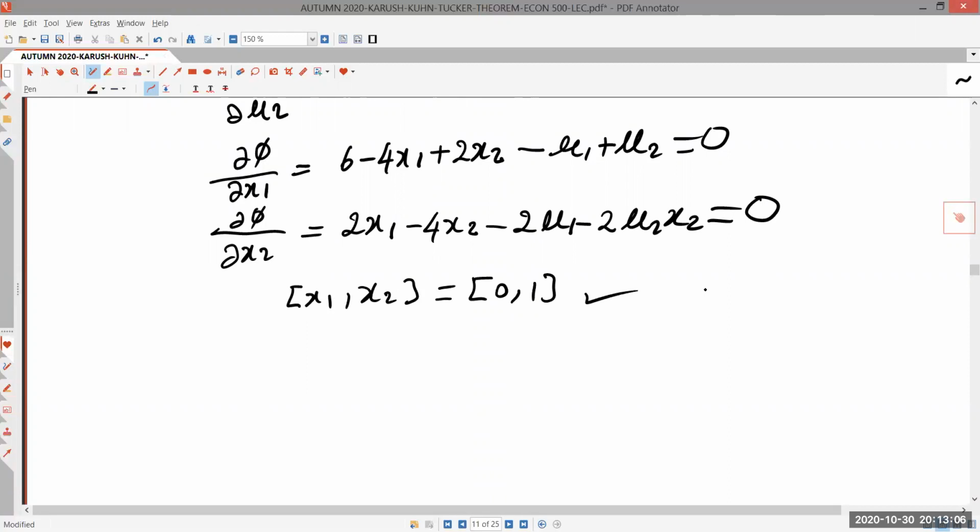What do you think? Can we accept x1 and x2 to assume those values, 0 and 1, 0 for x1, 1 for x2?